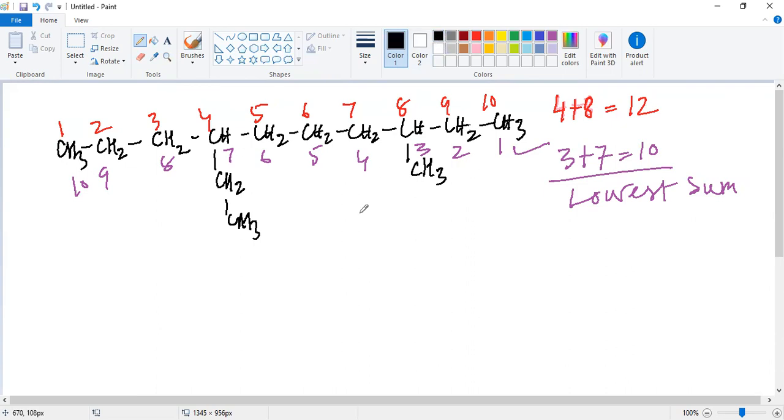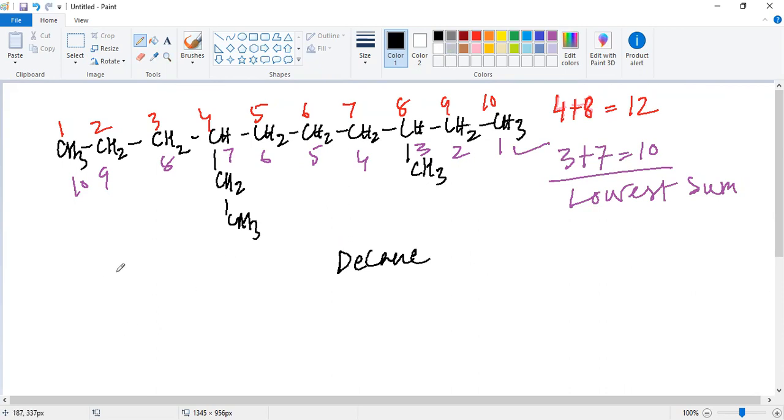And now we can write the name. As we have 10 carbon, it is decane. We know that on the third carbon we have methyl group, and on the seventh carbon we have ethyl group.